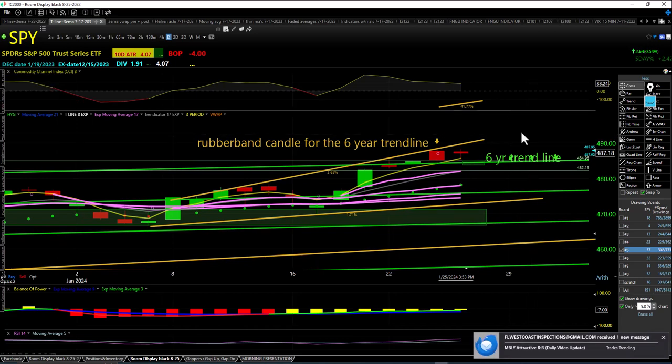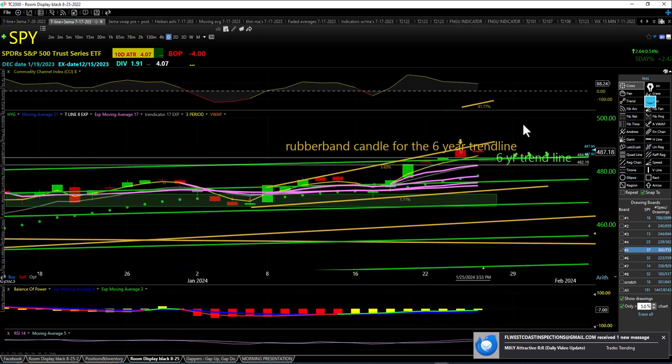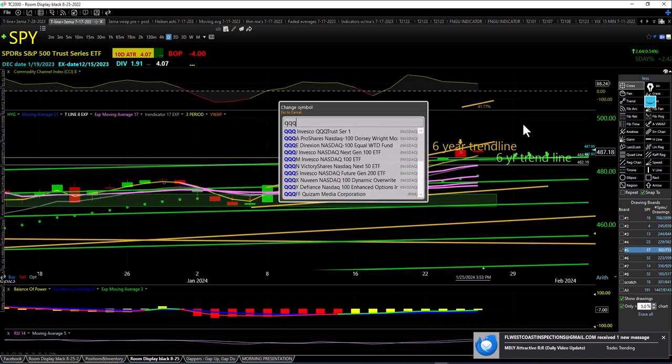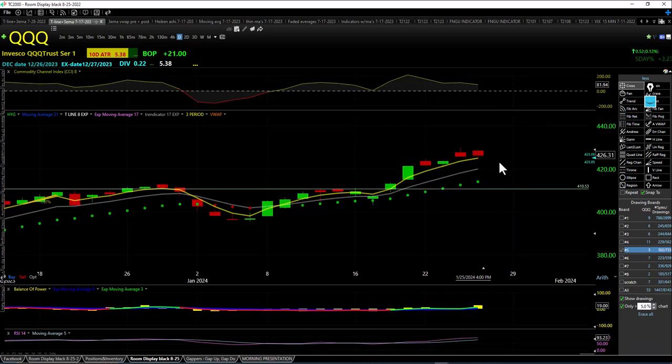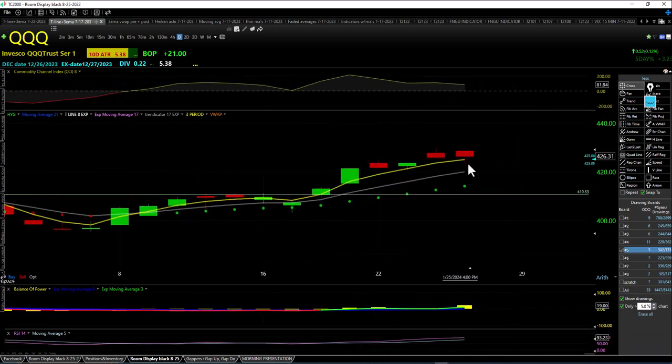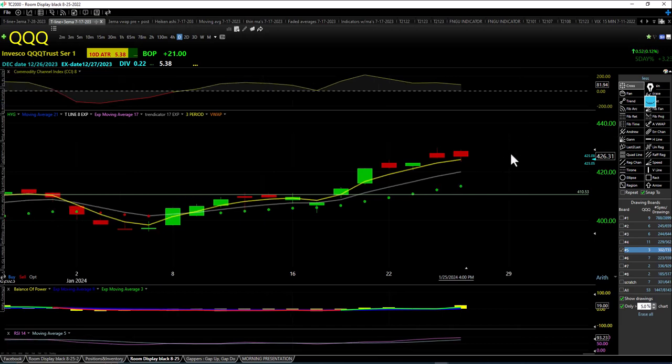We got Intel reported last night, not looking real pretty. We'll see what happens. All right, let's take a look at QQQ. QQQ lower high, lower low, and closing above the 3/8 trap over the trend indicator. QQQ still bullish.